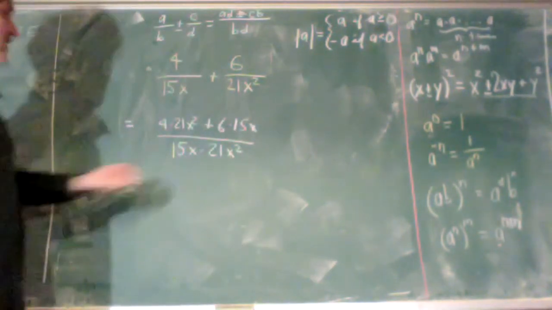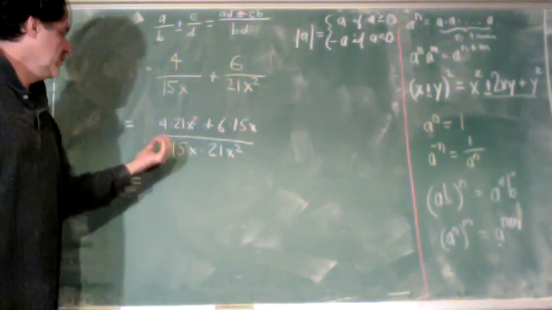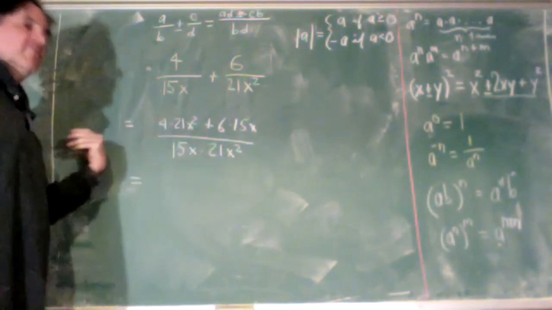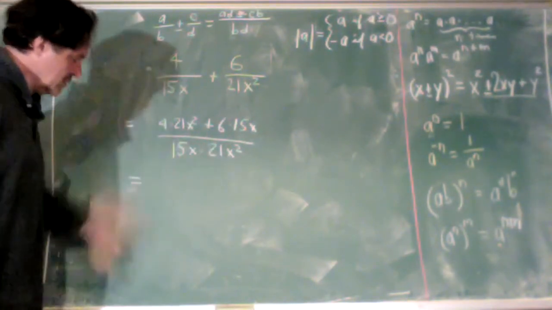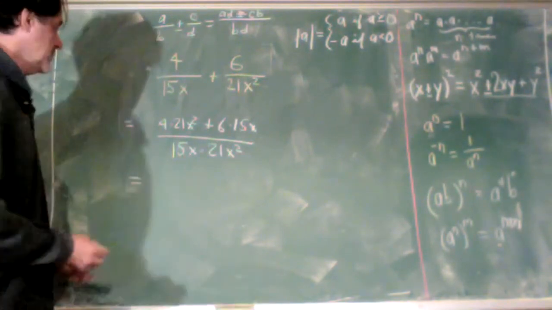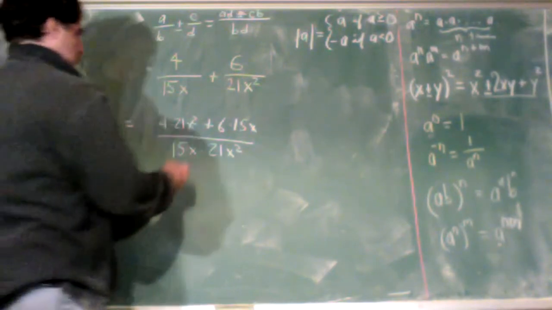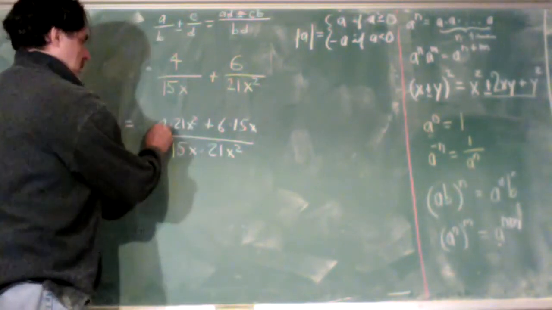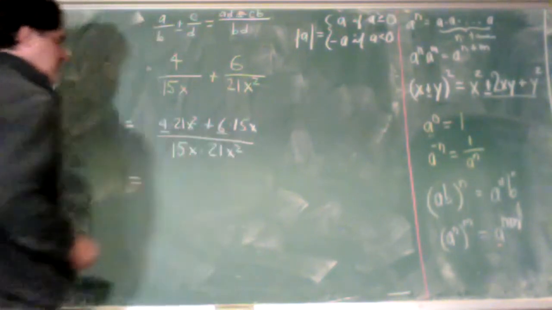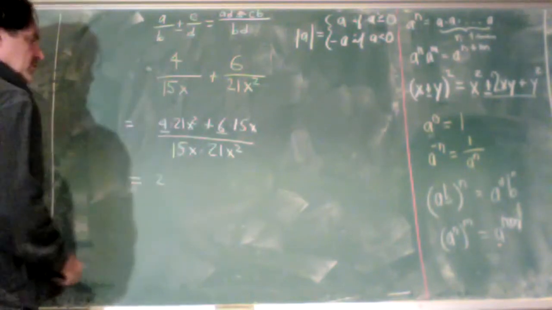Now I'd say instead of multiplying everything together, we look at the numerator, factor out everything we can. Look at the denominator, factor out everything we can. See what's common, cancel it, and then worry about any final computational requirements. So out of 4 is a 2, and 6 has a 2, so that's in common. So I at least have a 2 out front.